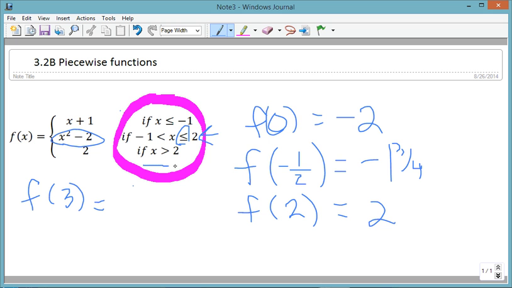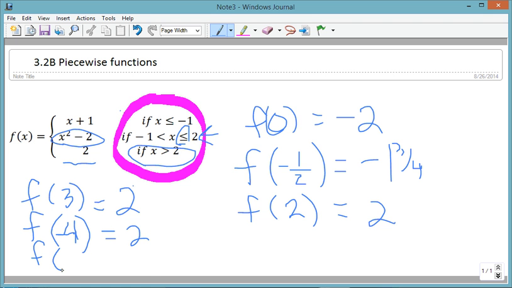well, now it fits in the third little constraint. This is saying if x is bigger than 2, then I plug it into this equation. And that equation is f of x equals 2. The answer is always 2. So if I have f of 4, that would be 2.